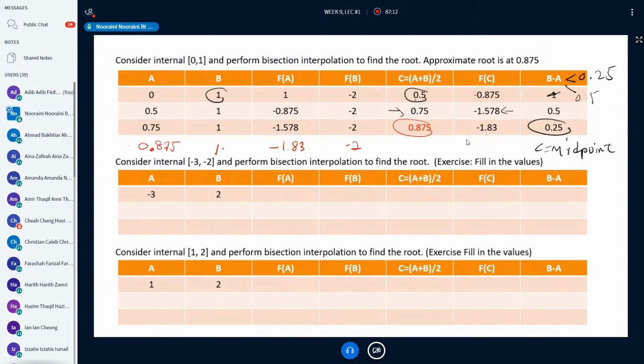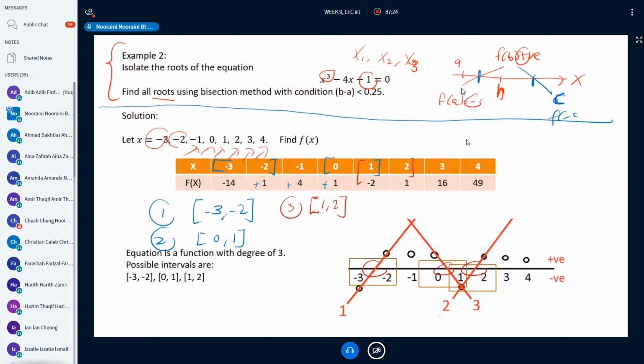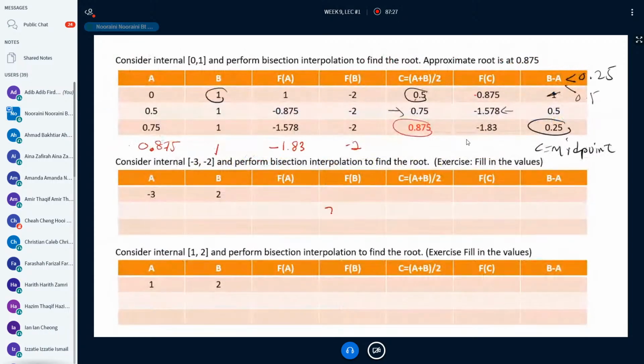B, maintain because it doesn't change the B. So you need to get the C here. C here, if I calculate it, the question is x cube minus 4x plus 1. Okay, so if you substitute, C here I should get, and the difference between this C and whether 1 or 2 is 0.